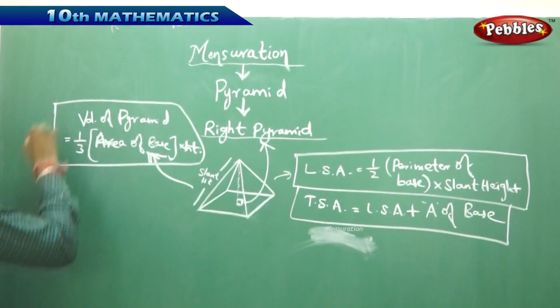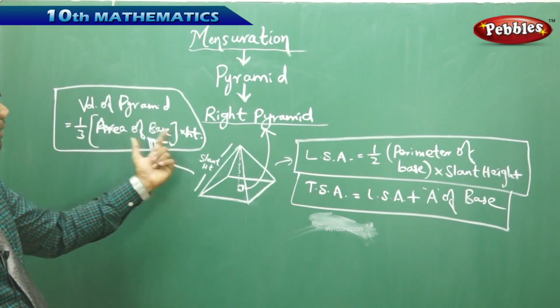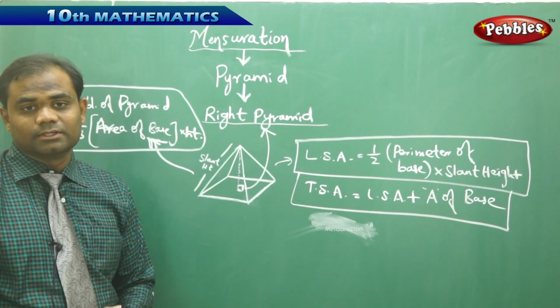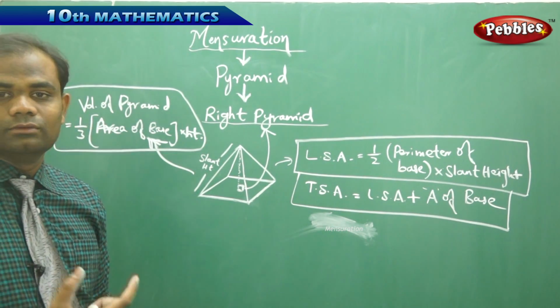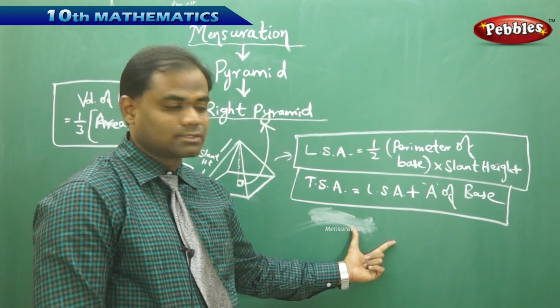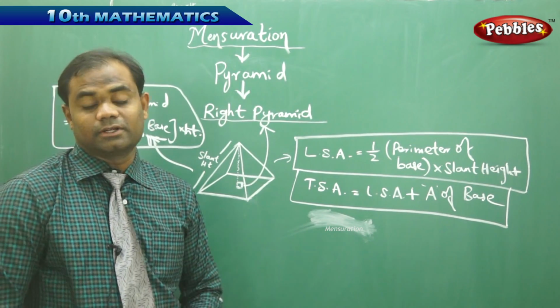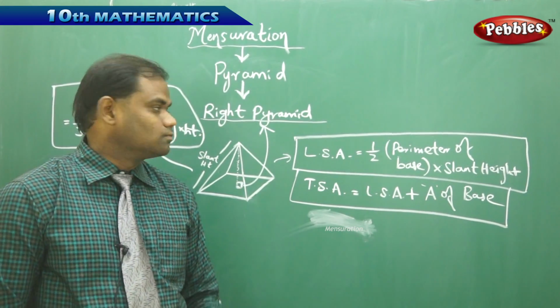So this is the volume of pyramid, which is 1/3 of area of base into height of the pyramid, which gives me the volume of pyramid. The lateral surface area, the total surface area, and the volume of the pyramid, the right pyramid, we get through the formula.